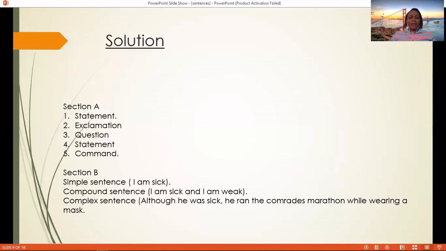Although he was sick, he managed to run through the comrades marathon while wearing a mask. That is clarifying on him running while he's still sick and maybe wearing that mask to assist him there or to help others around him. That is my solution. Those are my answers. You will come up with your own and add on to those simple sentences I've put up.